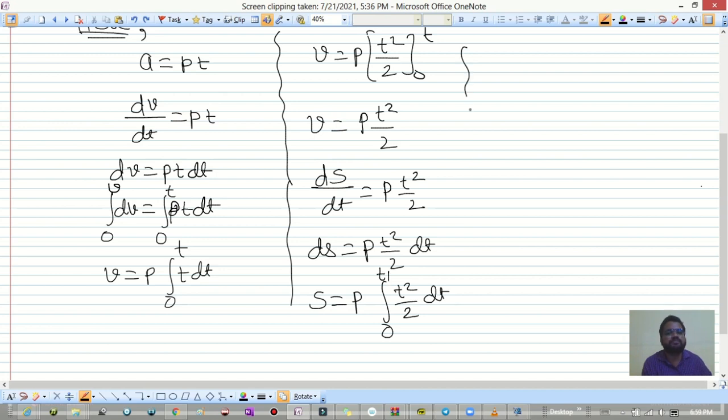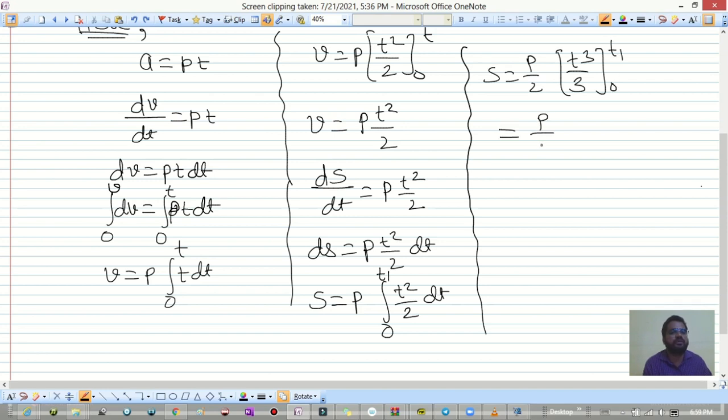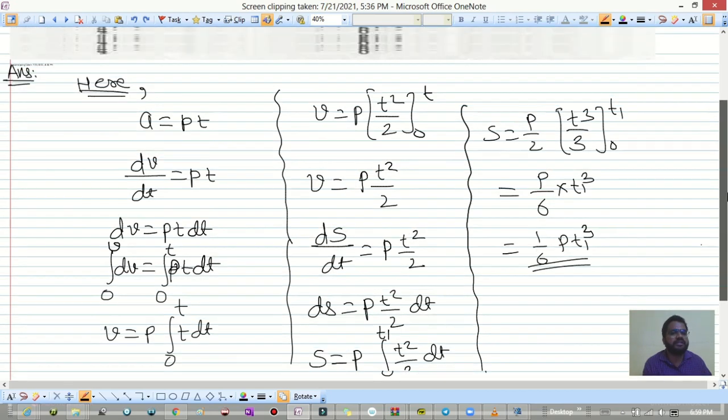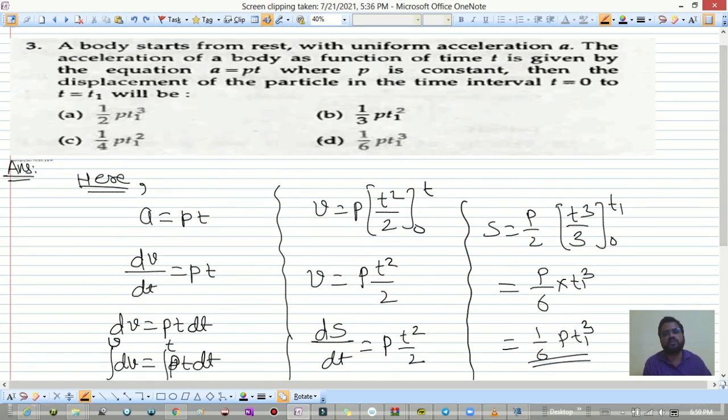What is the integration of t squared? It is t cube divided by 3 from 0 to t1. Putting the upper and lower limits, it is p by 6 into t1 cube. So the displacement is 1 by 6 p t1 cube. That is option D, the correct option over here.